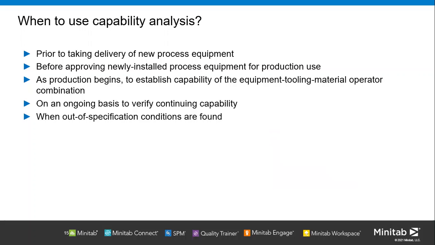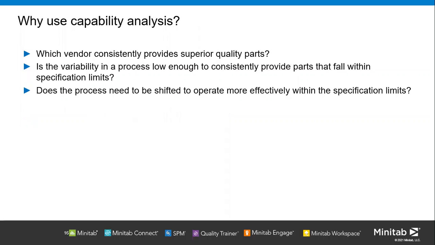So when do we use capability analysis? Prior to taking delivery of new process equipment, maybe before approving a new installation of process equipment for production use, or as production begins, to establish the capability of the equipment and operator combination, or on an ongoing basis to verify the continuity of the capability. I think most manufacturers out there start their improvement project with this capability analysis.